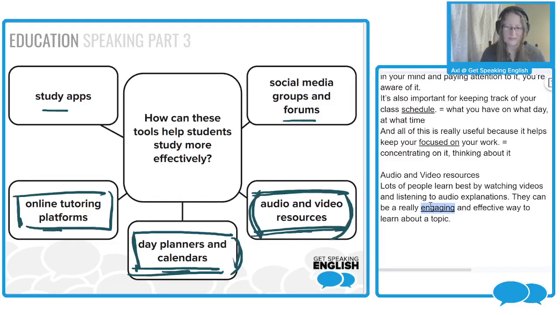So if something is engaging, that means it holds your interest. So again, you're not distracted, but you're really interested in what's happening. And you learn more as a result, right? Because you're not distracted by lots of things going on, right? So yeah, these kind of methods, videos in particular, really engaging. And because of that, they're really effective. So that means that they work really well, right?